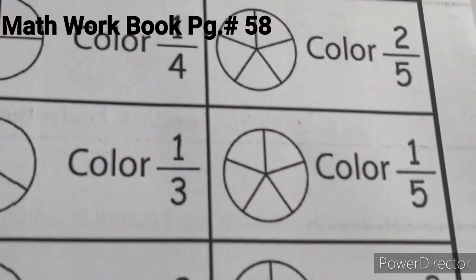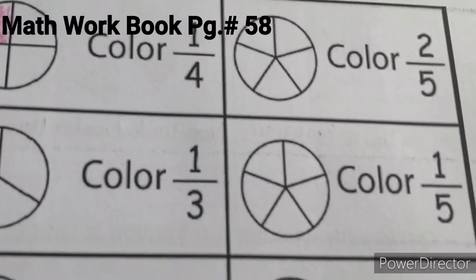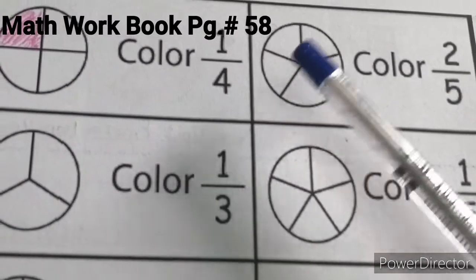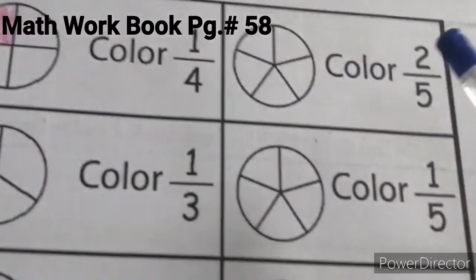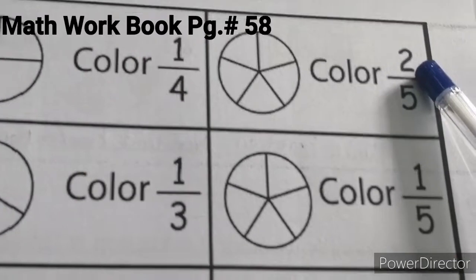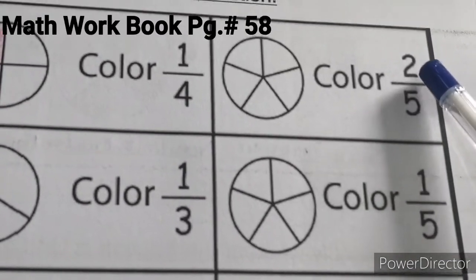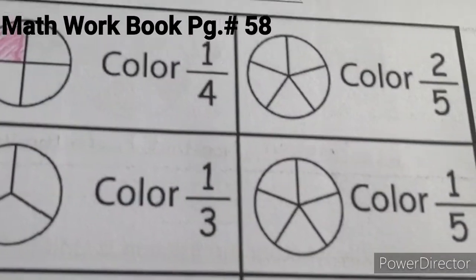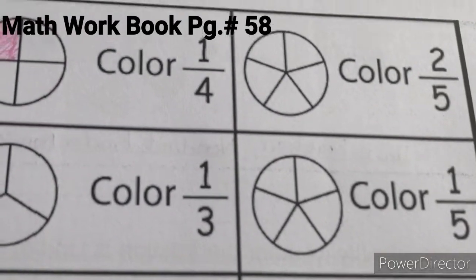Second, 2 by 5. We need not do anything with the denominator because they have already divided it into 5 equal parts. Only the numerator, 2 parts, has to be shaded. To make this fraction 2 by 5, 2 parts have to be shaded. So we will shade those 2 parts now.